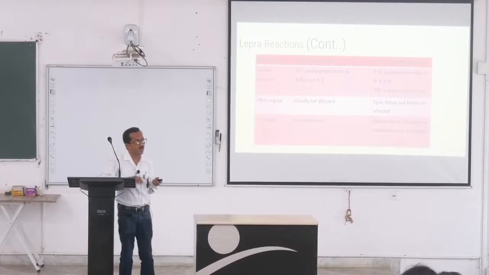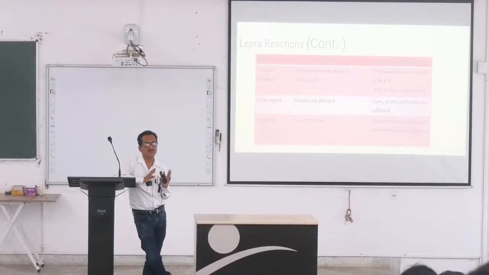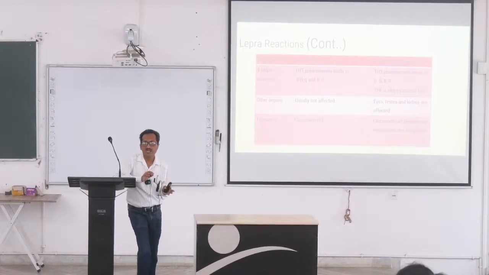Can anybody tell what are the interleukins which are called inflammatory or pyrogenic interleukins? Which interleukins are inflammatory interleukins? 1, 6 and 12 are commonly included in the inflammatory interleukins.